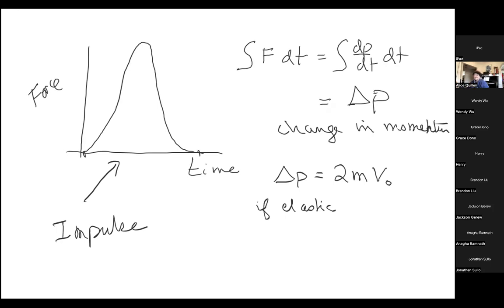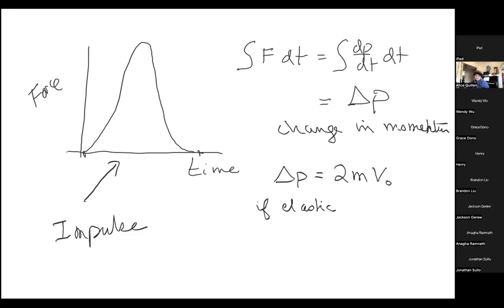So what does elastic mean? Elastic means there's no energy loss. You think of the ball as a little spring: it compresses, and then you get the energy right back out when it decompresses. But you can have inelastic collisions where you lose energy. The ball could fracture. You could have air inside it heat up. So things aren't always perfectly elastic.